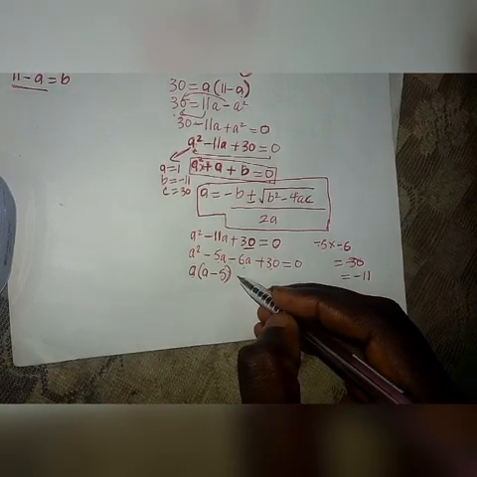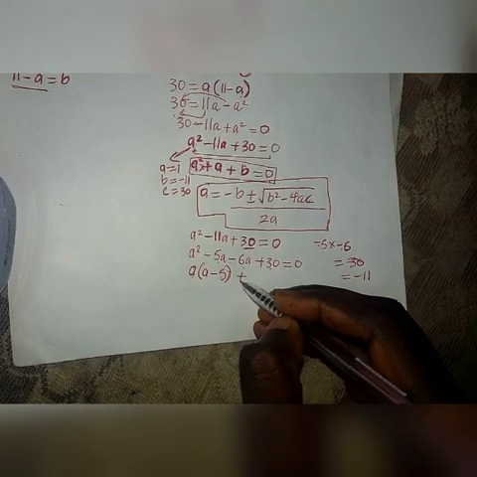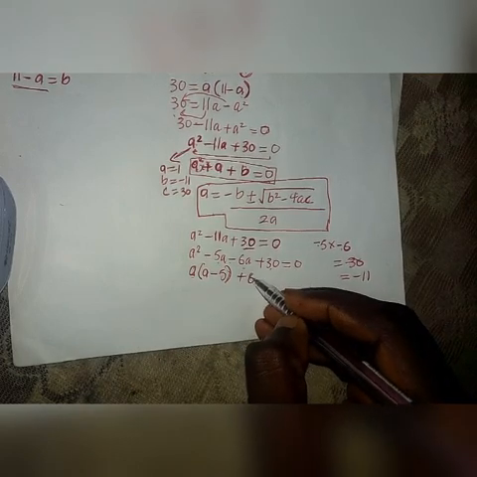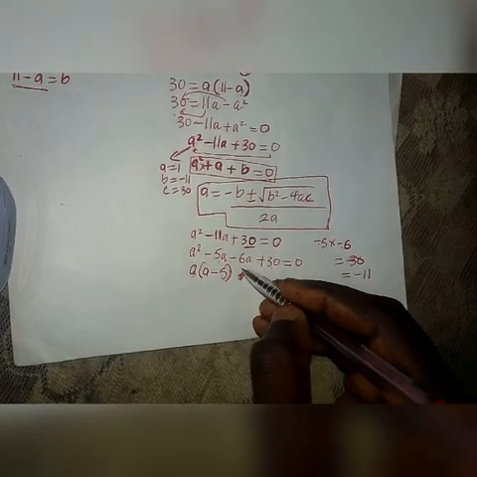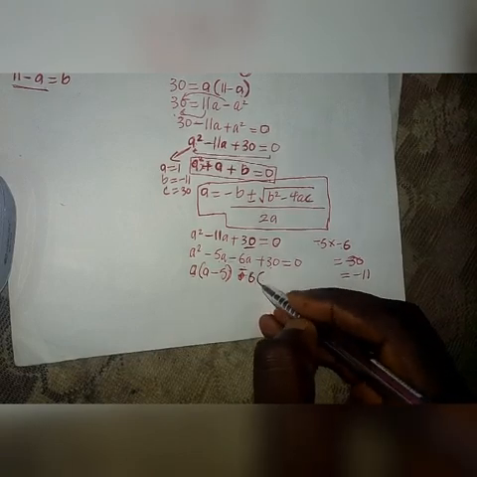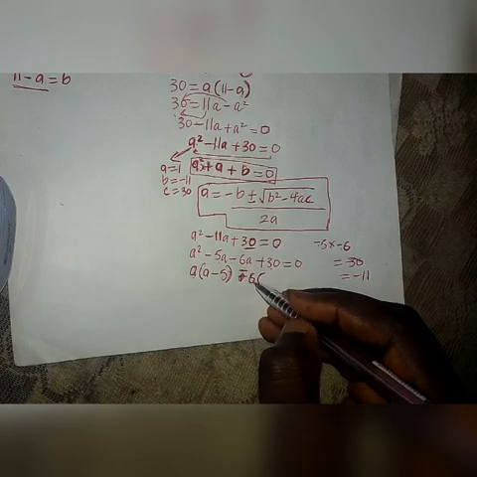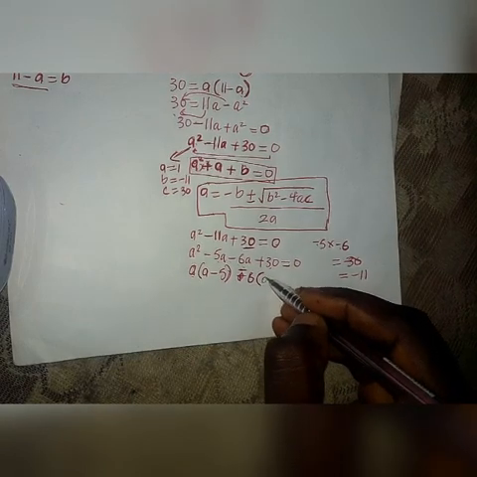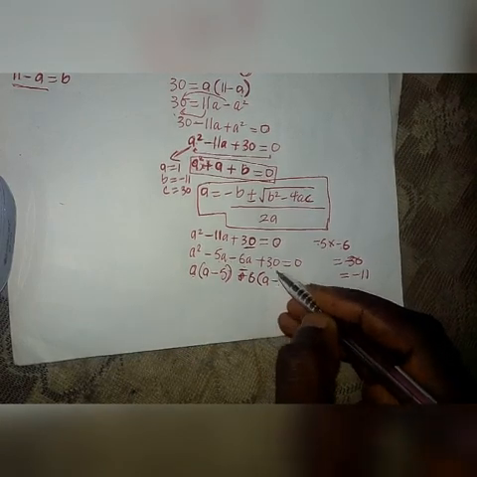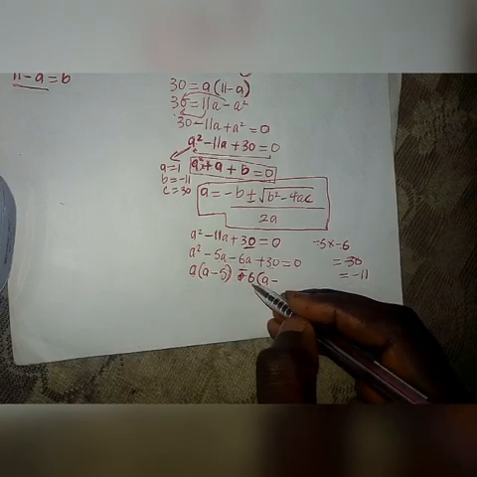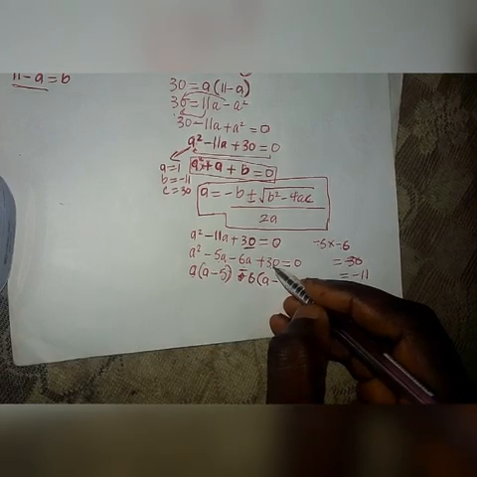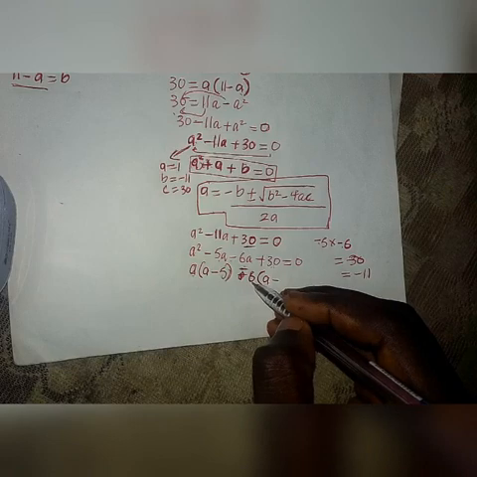That's minus 6. Minus 6a divided by minus 6, that's a. Then 30 divided by minus 6, that's minus 5.